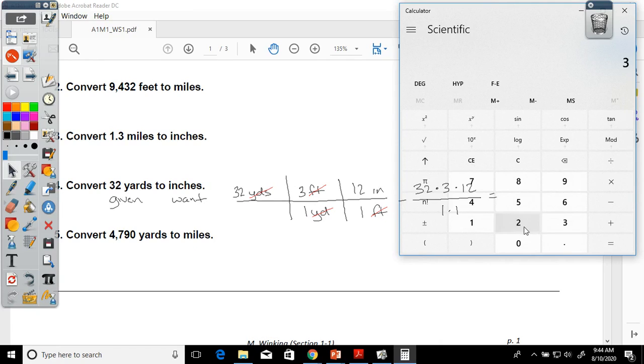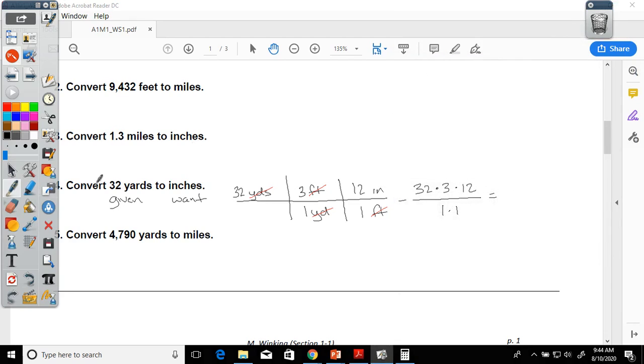So we're going to have 32 times 3 times 12. 1,152. So that is going to be, I forgot to write my inches here, 1,152 inches. That would be my answer.